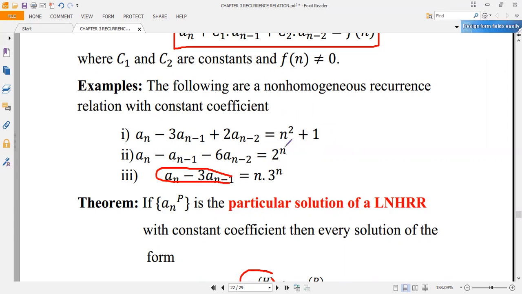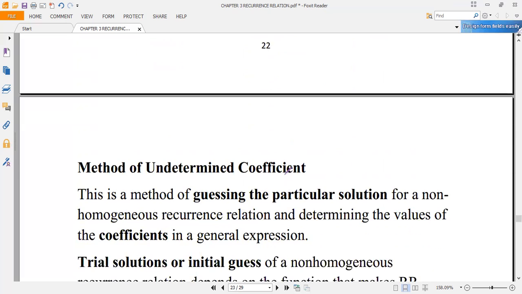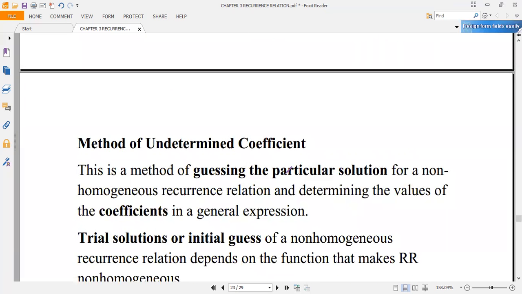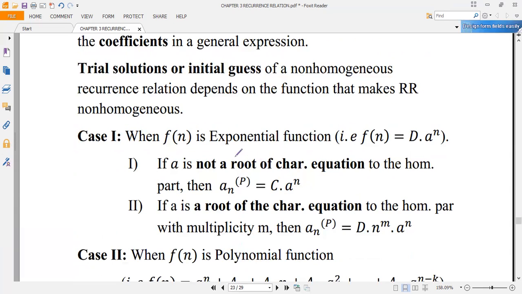In the second example, it is an exponential function. The other one is the product of a polynomial and an exponential function. So depending on the function that makes the recurrence relation non-homogeneous, we can give an initial guess, or trial solution, to the recurrence relation.